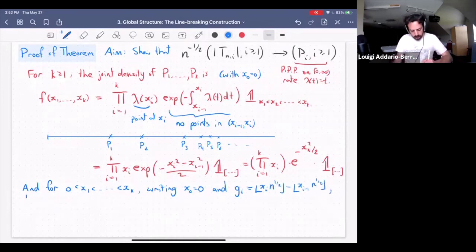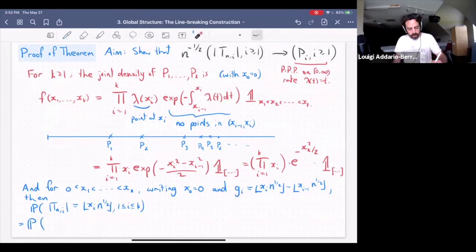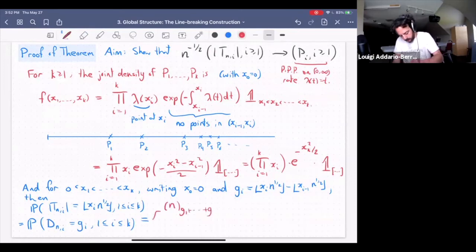Then what's the probability that Tni has size xi n to the half for each i from 1 to k? Well, that's precisely asking for the differences to have values gi. So that's the probability that dni is gi for i from 1 to k. And we have an expression for that. So it's this expression from the lemma.